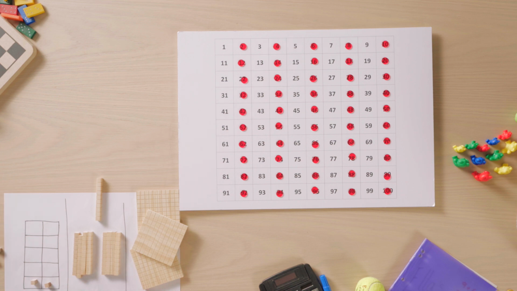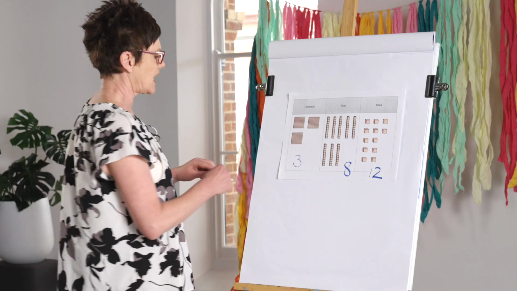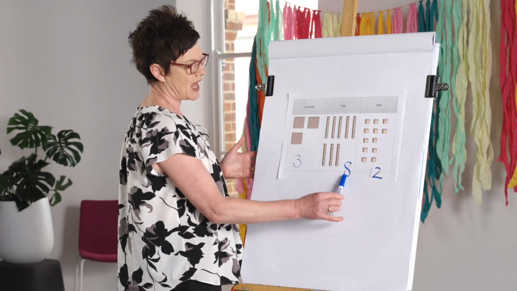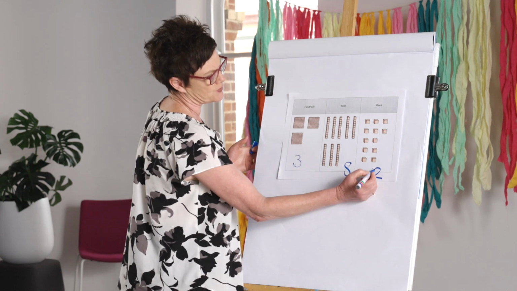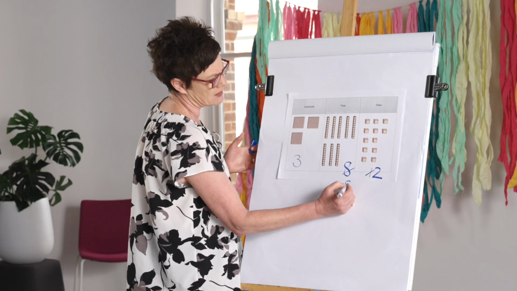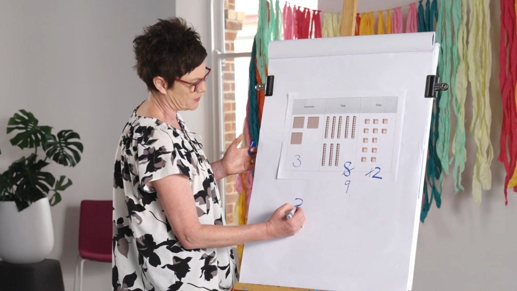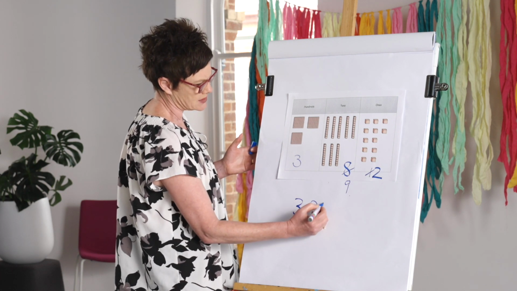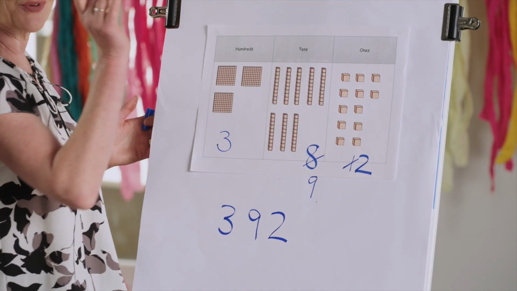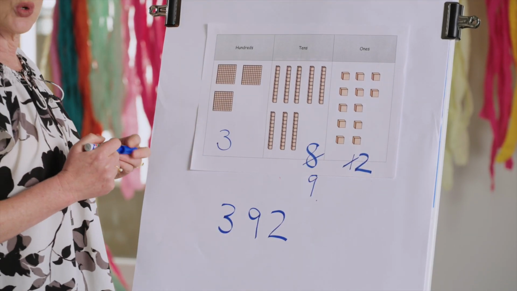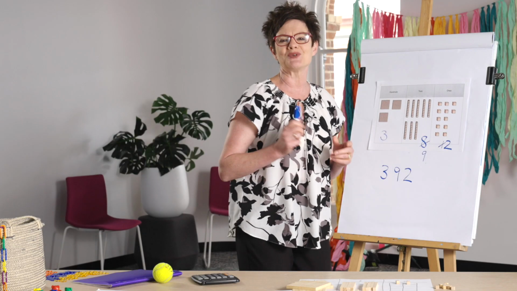Let's change that on our number here. We can't have a number that's 380 12. What this number actually is, we've moved it over to make the 9 and we have a beautiful number, 392. 10 of these is one of those. Nice number talk, good refresher. Let's move on to our lesson.